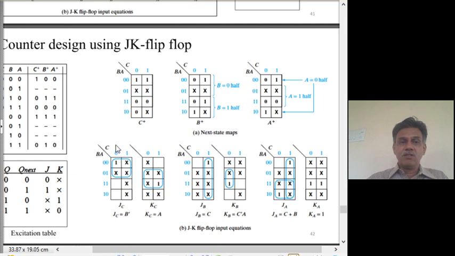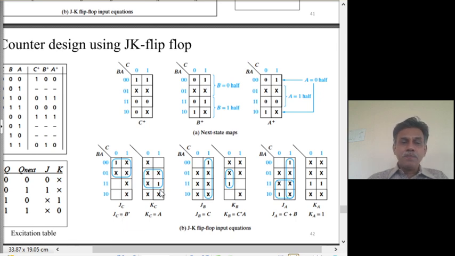So when we cover such things, C will be 0 here, 1 here, it will get eliminated, which means that because of this property of one sub K map being entirely filled with X's, C will get eliminated whenever we arrive at the equation for JC. So in the equation for JC, C will not appear. We can mentally remove C while arriving at the equation for JC.